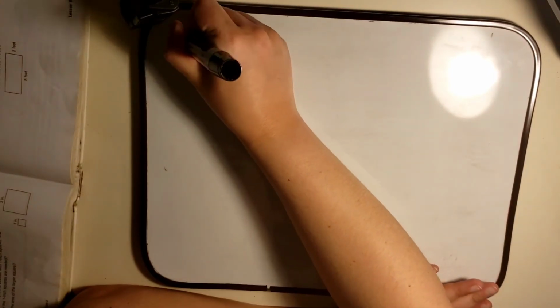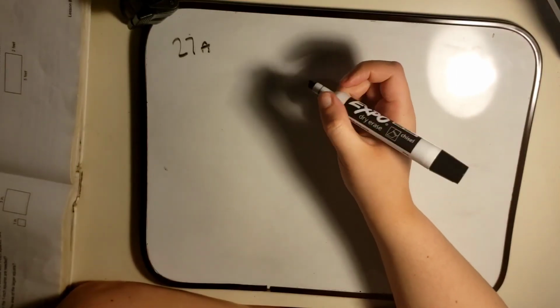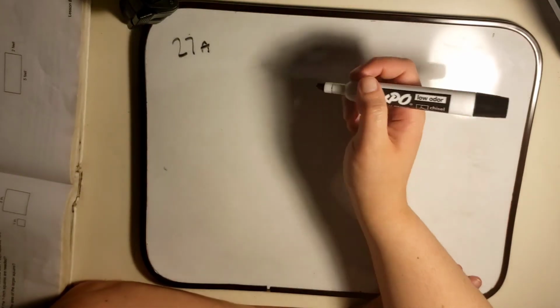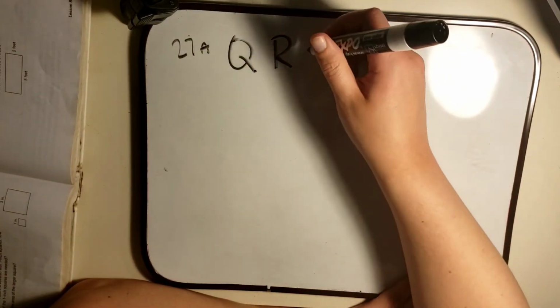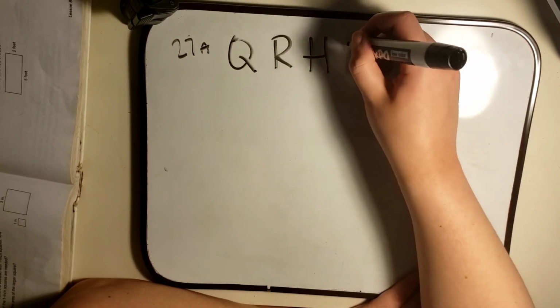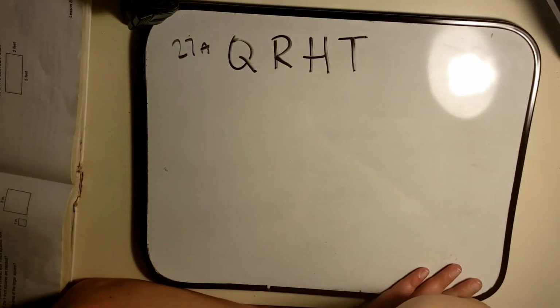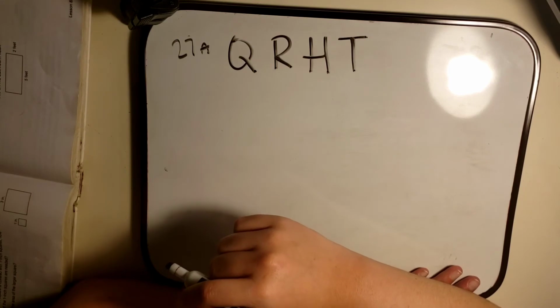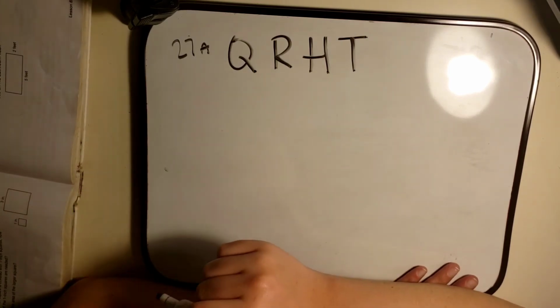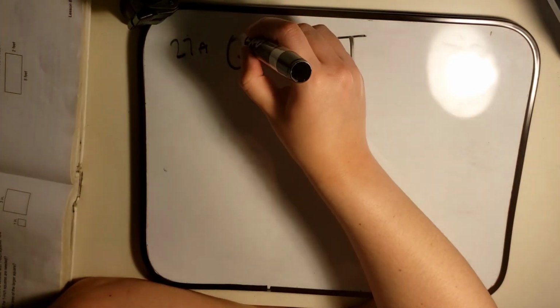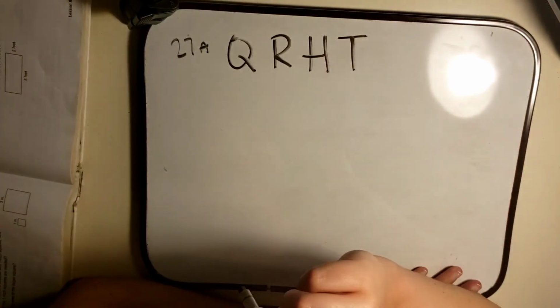We have 27A. It says, which of these letters only has one line of symmetry? So we have letters Q, R, H, and T. Now, some of these have no lines of symmetry because, let's see, actually that's not true.